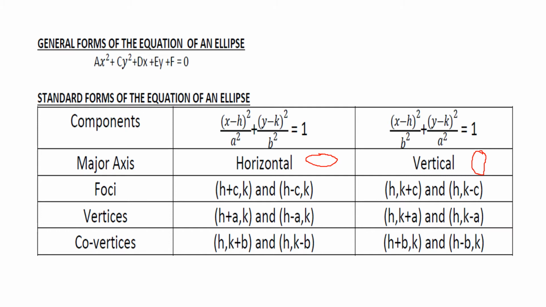So to solve for the foci, we have h, and then for the y coordinates, it is k plus minus c. For the vertices, that is h then k plus minus a. For the co-vertices, that is h plus minus b, k.